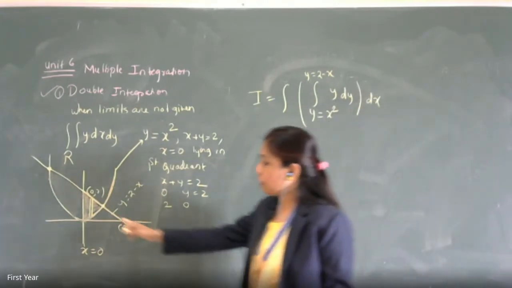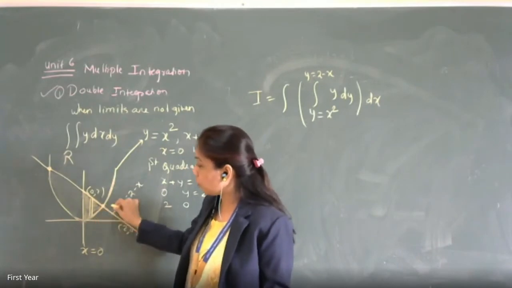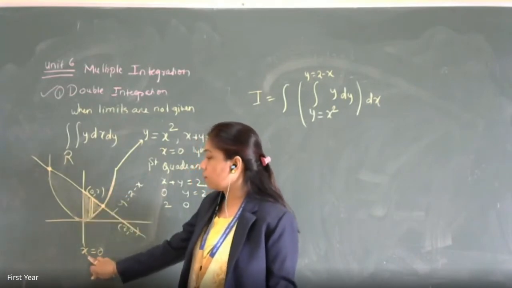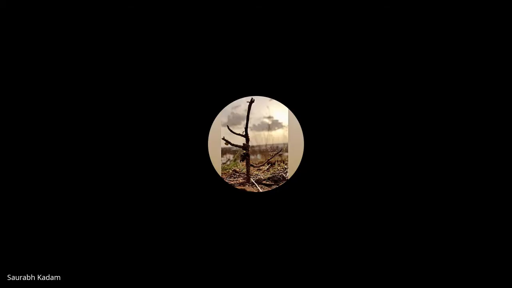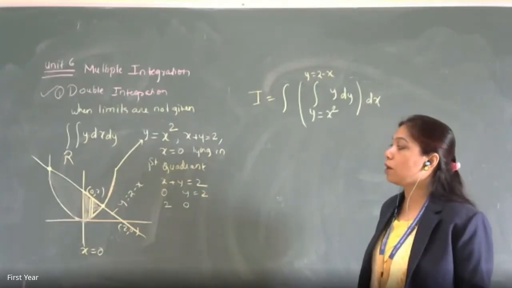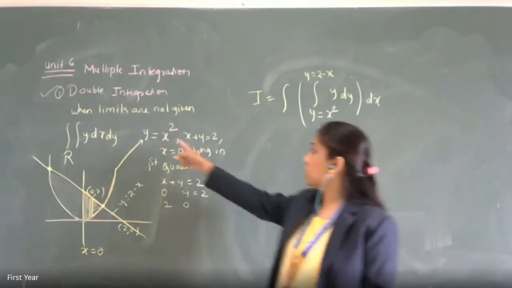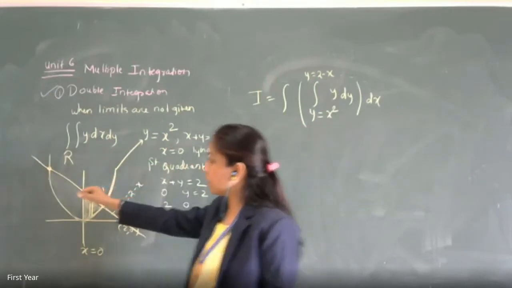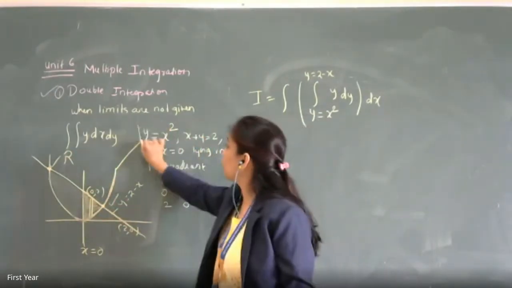Now tell me, when this vertical strip is moved from this starting point to this point, so I should know this point of contact. ये तो मुझे पता है. What is that? X is equal to 0. What is this point? Intersection of the parabola and straight line. So वो कैसे find करते हैं हम लोग? दोनों point find कर सकते हैं, ये भी point और ये भी point. So you substitute and solve these two equations.